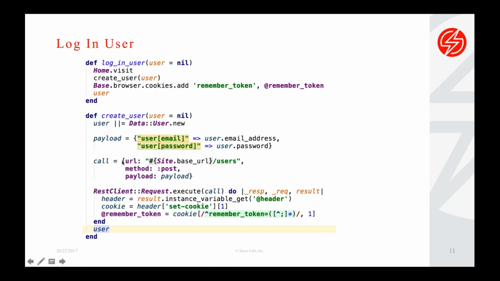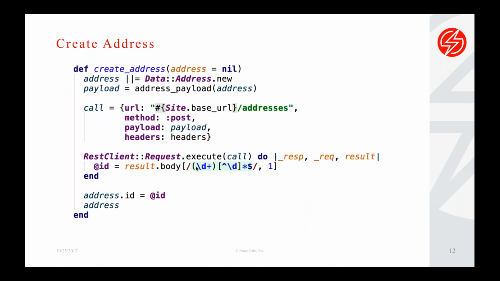If you look at the call equals here, there's a users endpoint that the API is reading information from. You post that payload to that endpoint, and what you get back is a header, and you're going to grab the cookie out of the header, and then the token you want, that's just regular expression parsing to grab that particular information. But the idea is now I have this cookie, and I add it, and I didn't have to go through the UI in order to get that information.